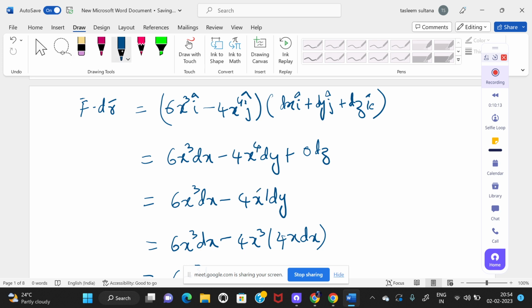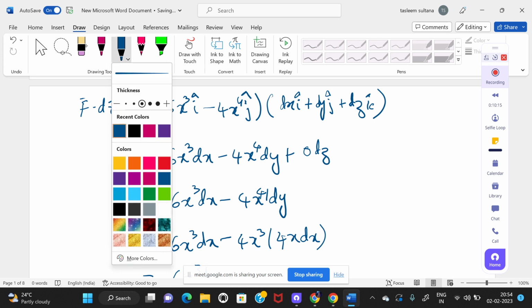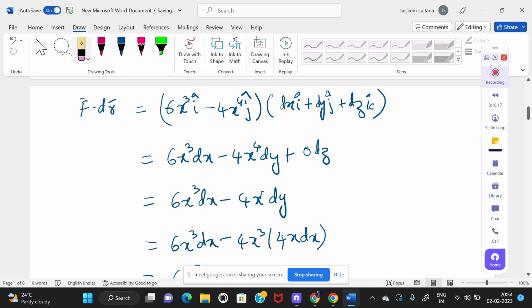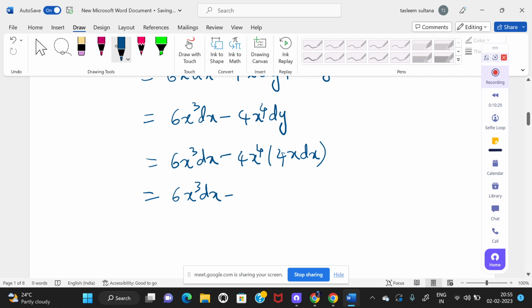I have written it wrongly as cube, this is also power 4. So what you're going to get? 16x power 5 into dx. That is the value of F vector dot dr vector.